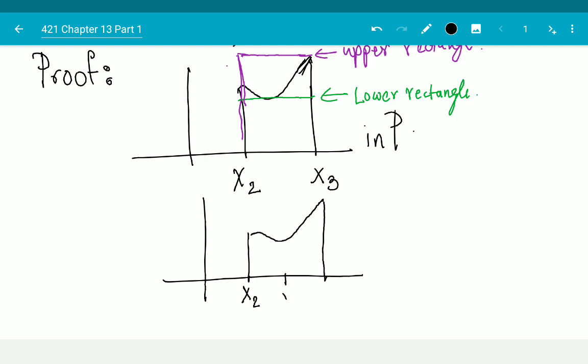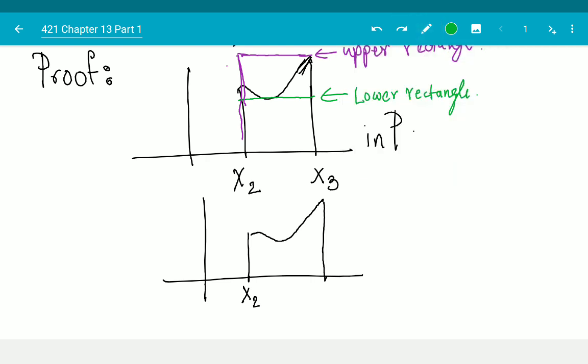Now suppose I have a finer partition, x3, x4, right? All these points are in the same place. Then my lower rectangles look like, maybe I drew this slightly wrong. Actually, let me do this.